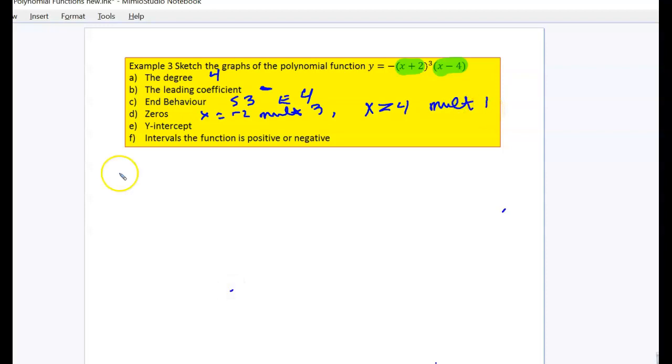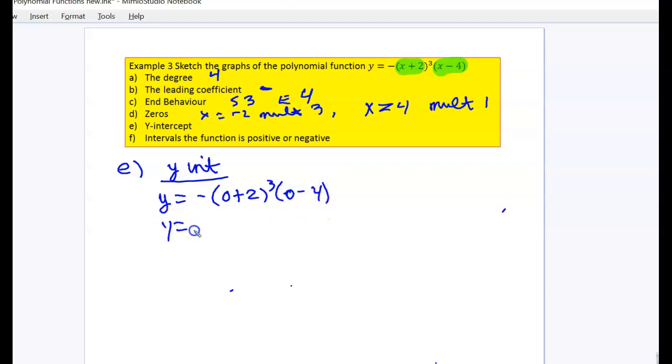The y-intercept, well, for part E, to find the y-intercept, I let x equal 0. So I have y equals 0 plus 2 cubed and 0 minus 4. So 2 cubed is 8 times negative 4 is negative 32, times a negative up front means that my y-intercept is going to be positive 32.